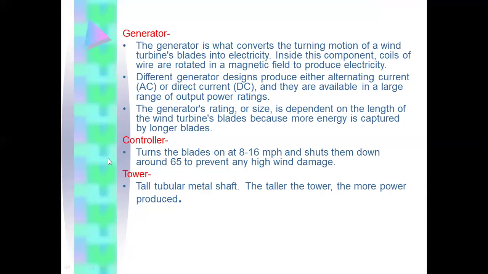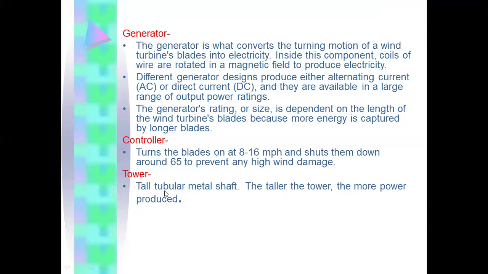If it increases to 65, then the controller will stop the wind turbine by applying the brakes to avoid any damage or accident.